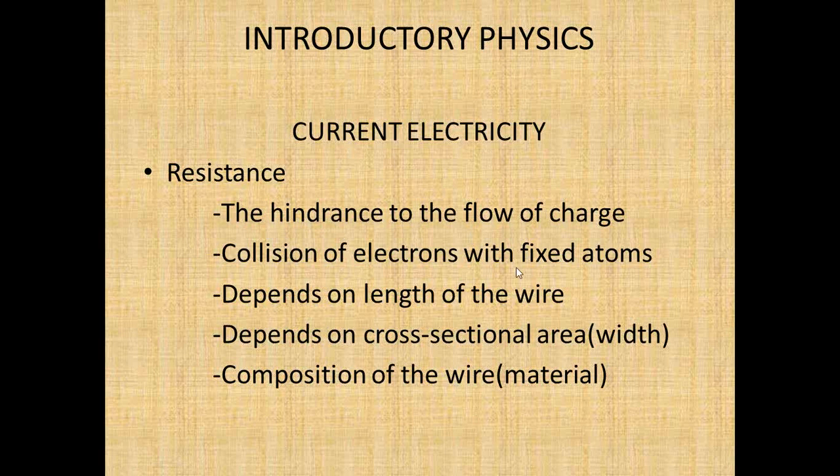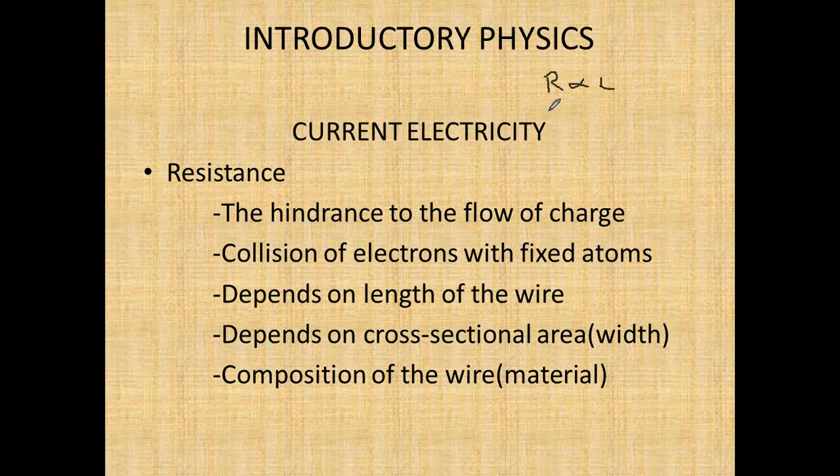So if you were to write an equation to represent resistance, if we say resistance is R, so the resistance is directly proportional to the length of the wire. So the longer the wire, the greater the resistance.